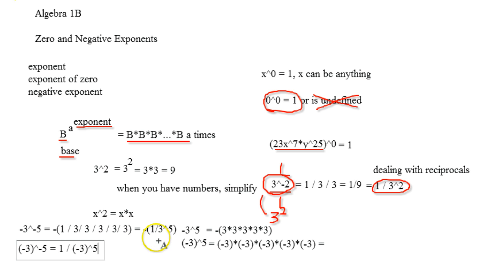Now granted, once again, they're both going to be negative, but with this part right here, when you're dealing with the negatives, it's going to be a negative on top of all of this. So whatever answer we get, you're going to add a negative to it. Whereas this one, you are actually multiplying negative 3 5 times in the denominator of a fraction.